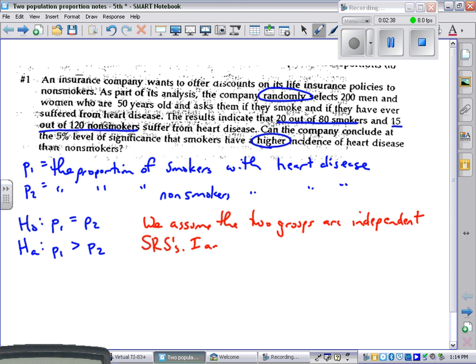I am certain there are more than, you could either write 10 times 80 or you could write 800 smokers and 10 times 120 non-smokers.